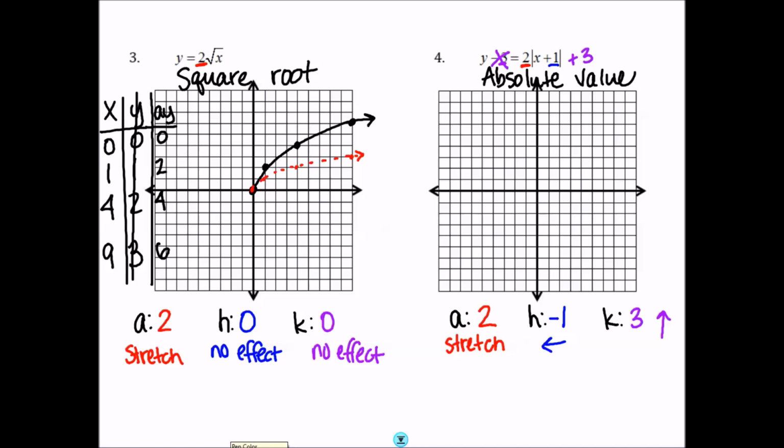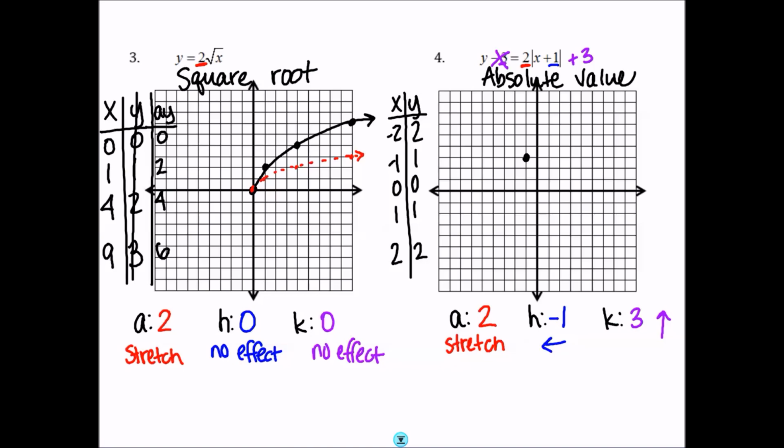So let's write out my XY chart. -2, -1, 0, 1, and 2 for my x values, and 2, 1, 0, 1, 2 for my y values. Now I'm going to plot the point HK, which is -1, 3, as my starting point.